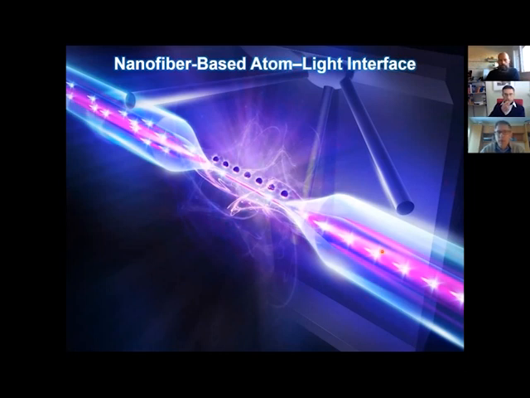Okay. So before going into the details of how this works, let me first explain how we trap atoms near the nanofiber, and then I'll go into the propagation of light through such a nanofiber coupled to an array of atoms.